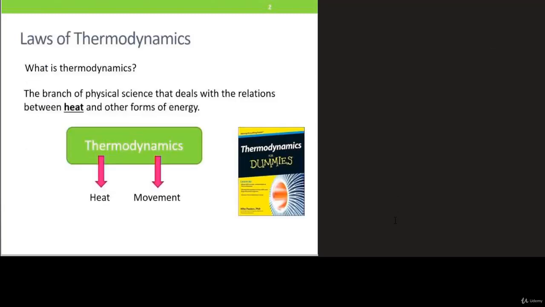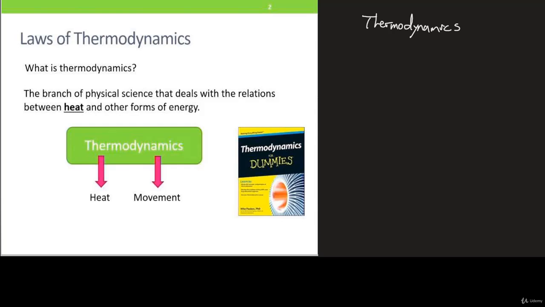What are the laws of thermodynamics? Or in fact, what is thermodynamics? It's actually the physical science between heat and other forms of energy. As we know, there are different forms of energy, such as light energy, electrical energy, sound, and heat is one type of energy.